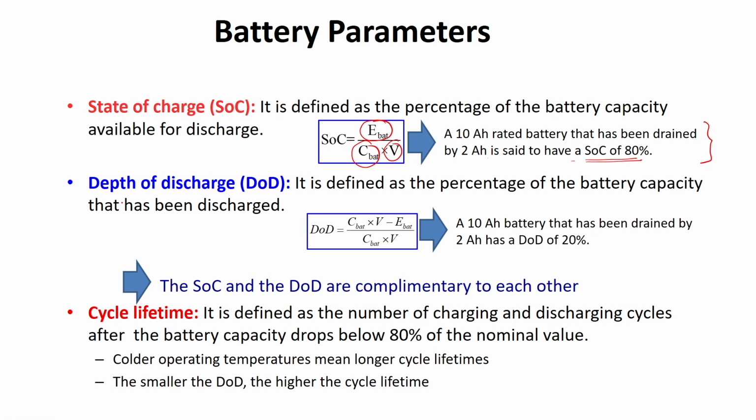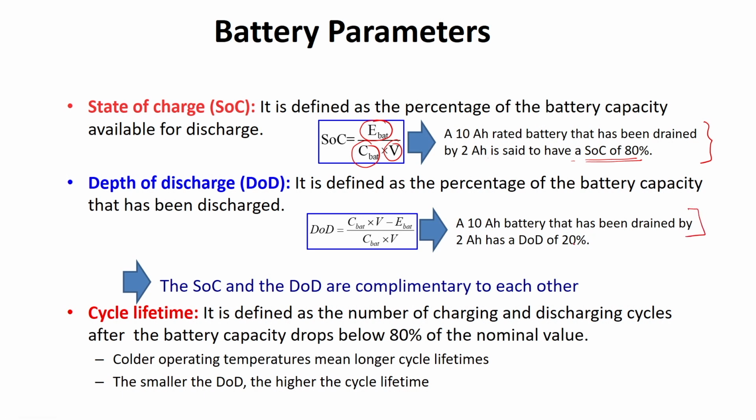Also, we need to learn what depth of discharge is. It is defined as the percentage of the battery capacity that has been discharged. In short, it is called DOD, which is equal to C bat multiplied by voltage minus E bat, over C bat multiplied by voltage.